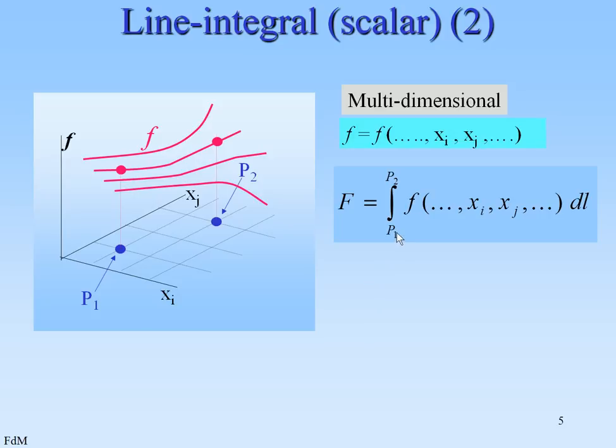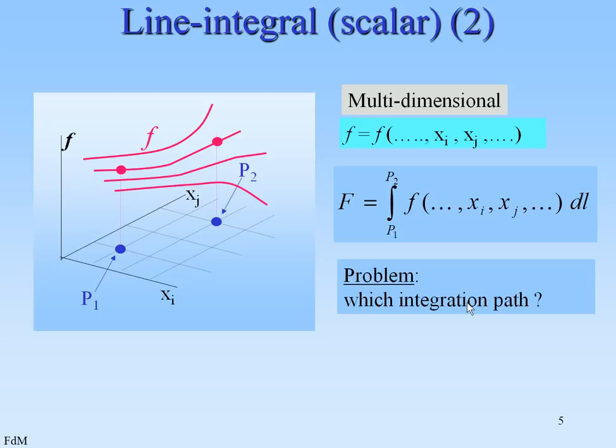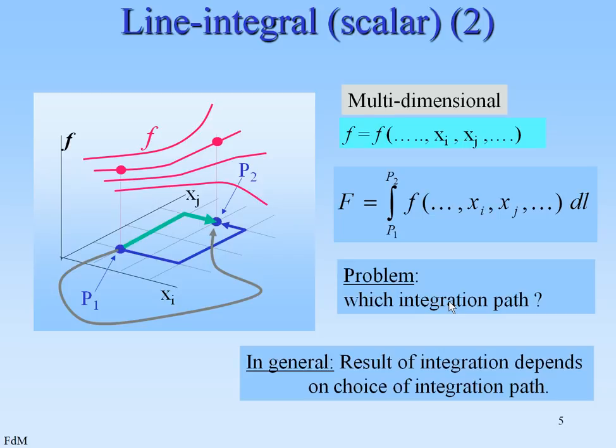Integration from P1 to P2, point 1, point 2, over a length dl. And the problem is then, which integration path do we need? In general, the results of the integration depend on the choice of the integration path.